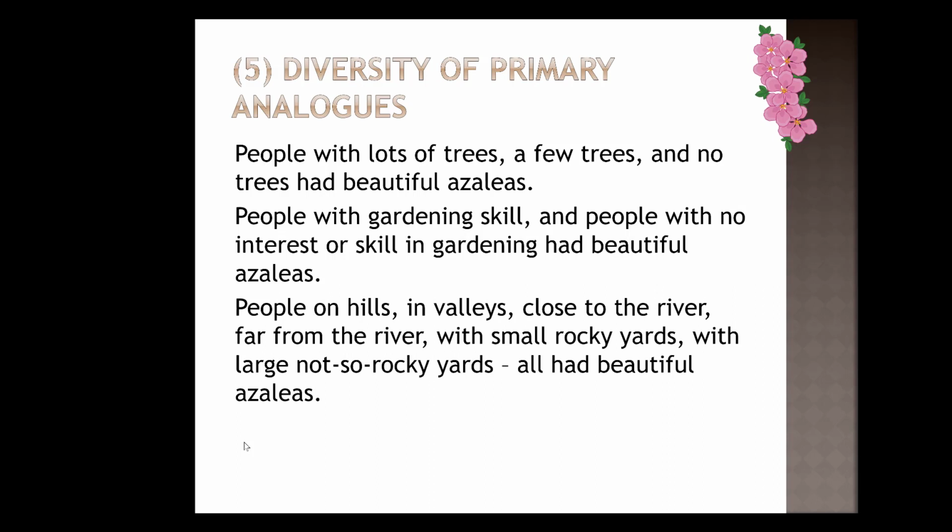People all over the town, on the hills, in the valleys, close to the river, far from the river, small rocky yards or large not so rocky yards, they all had beautiful azaleas. So this strengthens the analogy a lot. And by this point in our argument, this is a very strong argument by analogy.